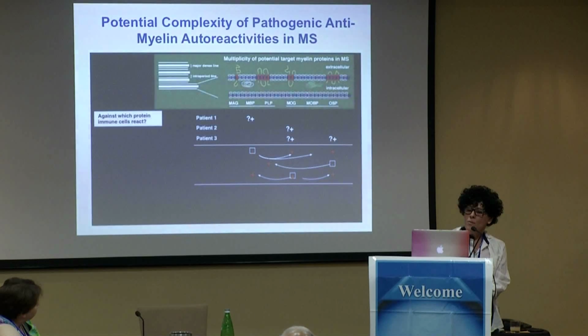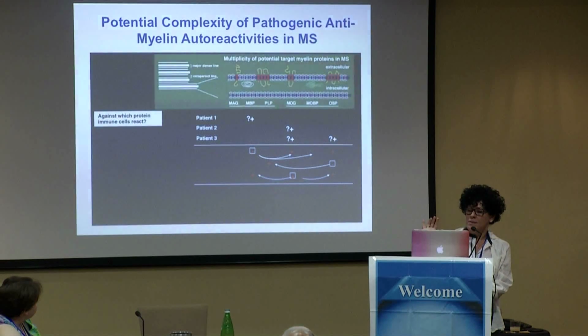And therefore, because of this multiplicity of the potential target myelin antigens in MS, it is really hard to determine for each patient against which protein the immune cells will react.